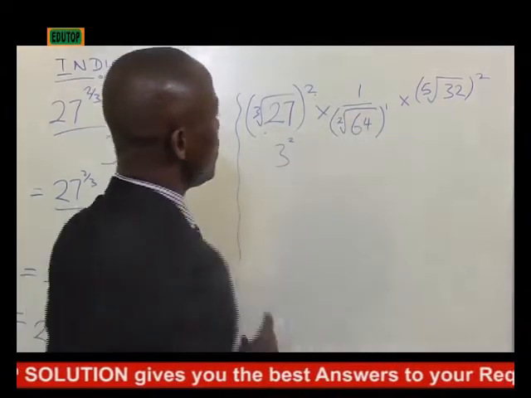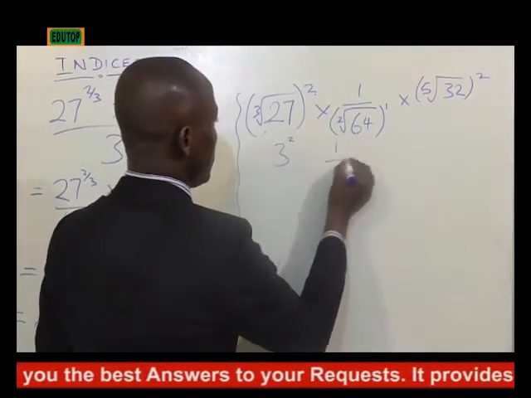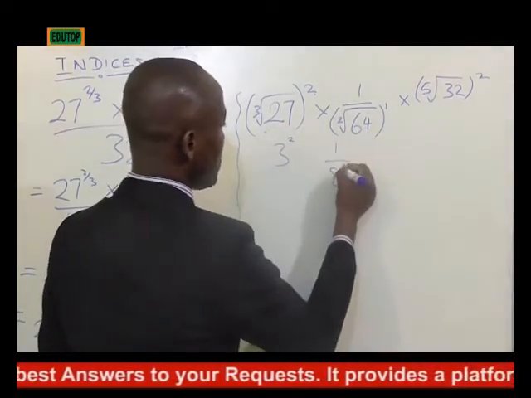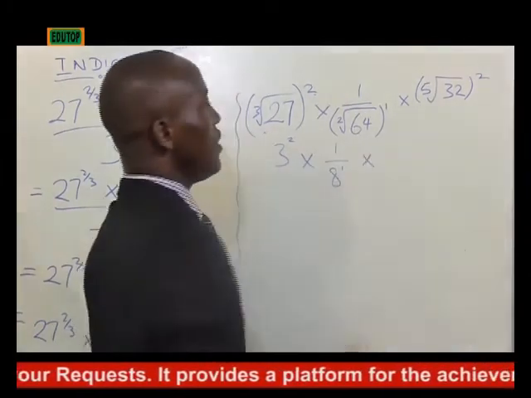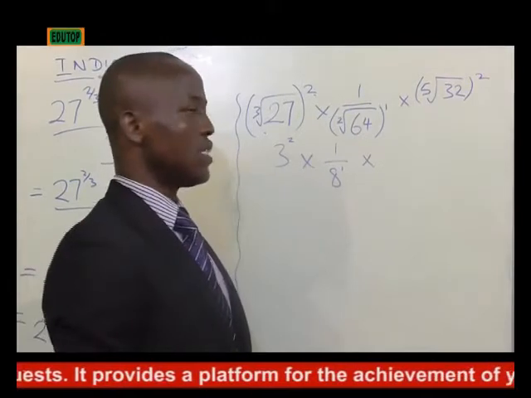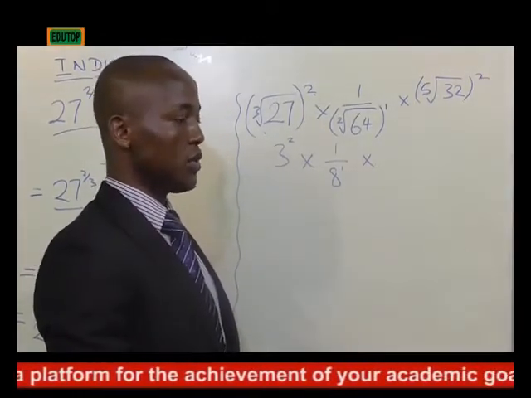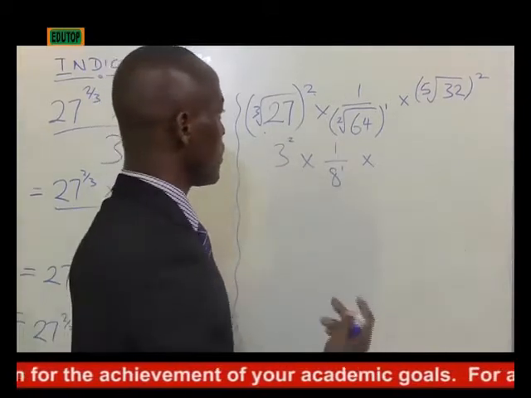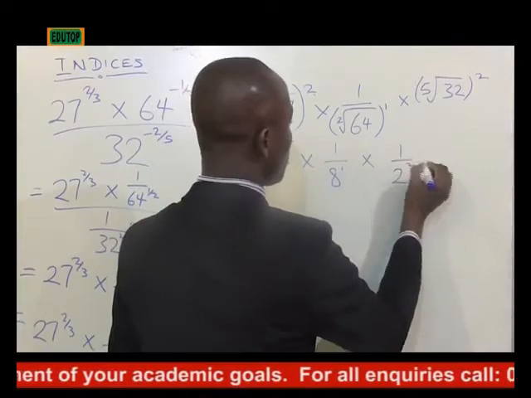Then the square root of 64 is 8. That will be 8 raised to power 1, which is still 8, times the fifth root of 32, which is 2. That is 2 times 2 times 2 times 2 times 2 will give us 32. So we're having 1 over 2 squared.